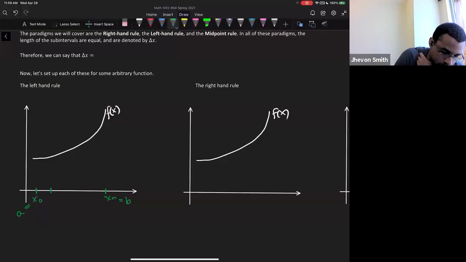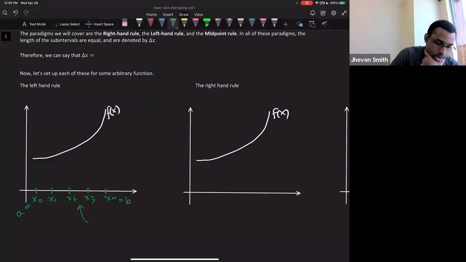So you would split this into what we call a bunch of subintervals, where you have a predetermined length. Normally, we're going to want it to be of equal length, right? So this is going to be your x1, your x2, your x3, and then your xn is the x4, right?